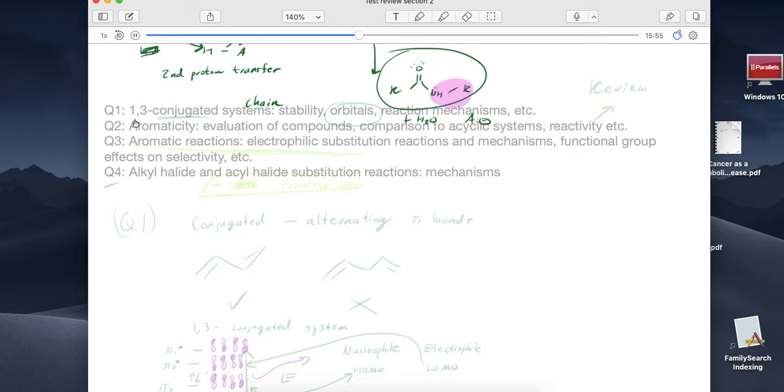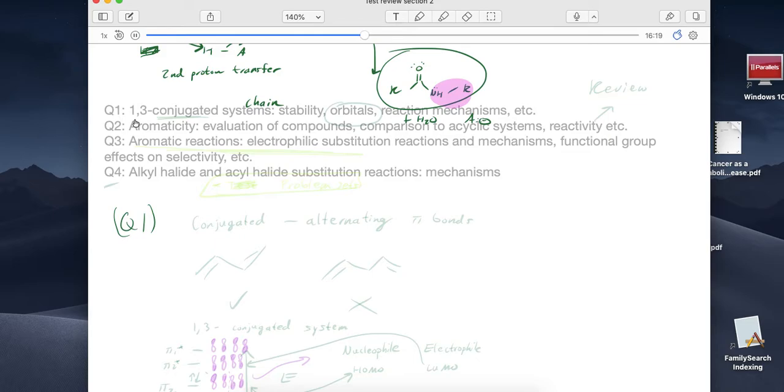So what about this do you want to go over? Sure. 1-3 conjugated systems.